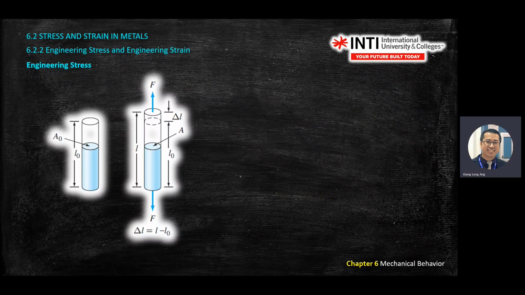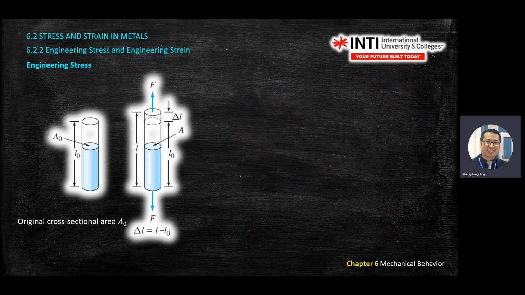So engineering stress, how do you calculate? We are interested to look at the initial cross-section area and the initial length. In this case, you see the two blue arrows pulling both ends outside.